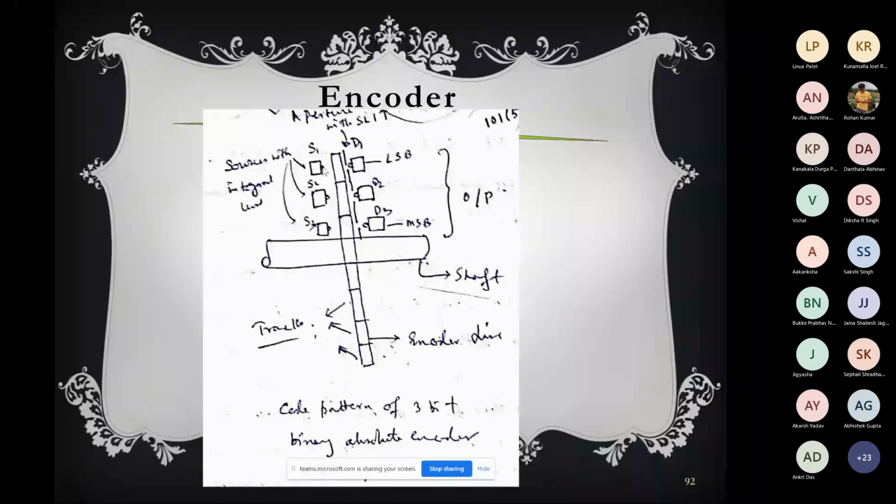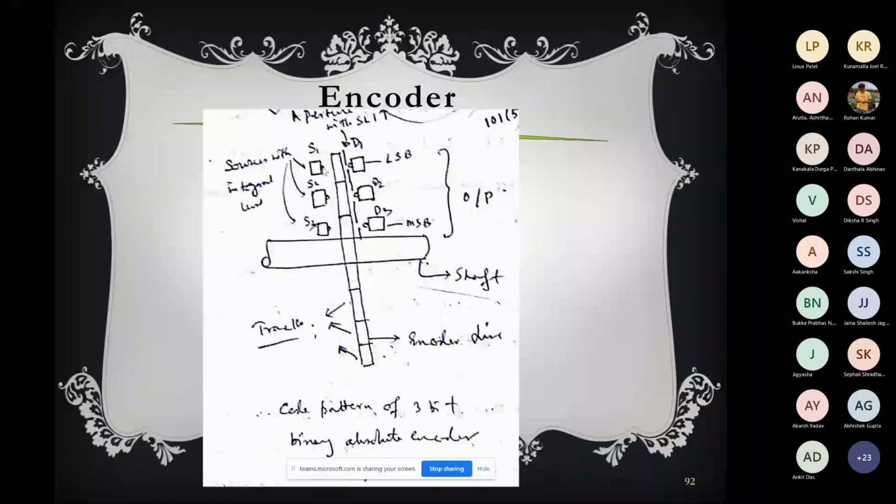And on the opposite side, at the detector, what is used? A photodiode is used. So on the left hand side, we have a light source, which is an LED or IRED, with a lens mechanism and aperture. On the right hand side also we have an aperture and then the detector.